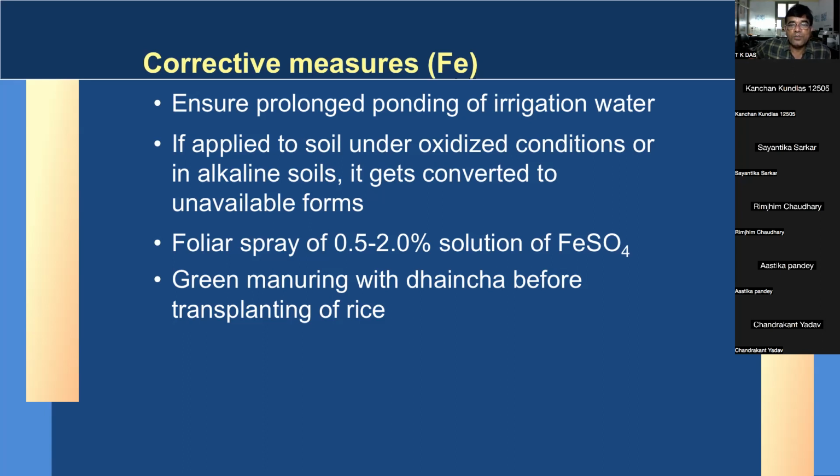Therefore, it is not suggested to correct iron deficiency in rice or any other crop by applying ferrous sulfate fertilizer in solid form. The only way is to apply foliar spray. Foliar spray can correct the iron deficiency to some extent.